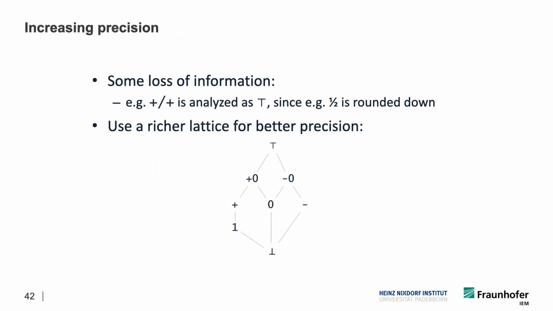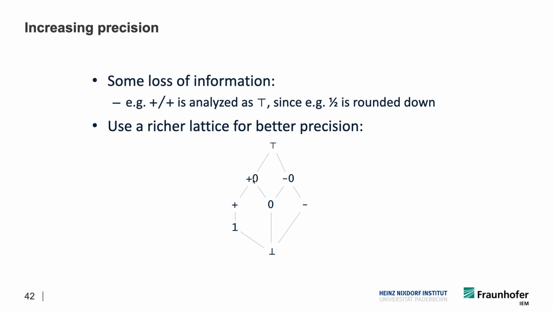You can have lattices that have a somewhat better or richer precision. So for instance, here we have a somewhat extended lattice that has the following property. So if we merge 0 and plus here, we don't immediately merge it to top, but we merge it to some other fictional value, plus 0, which basically represents plus or 0, right?